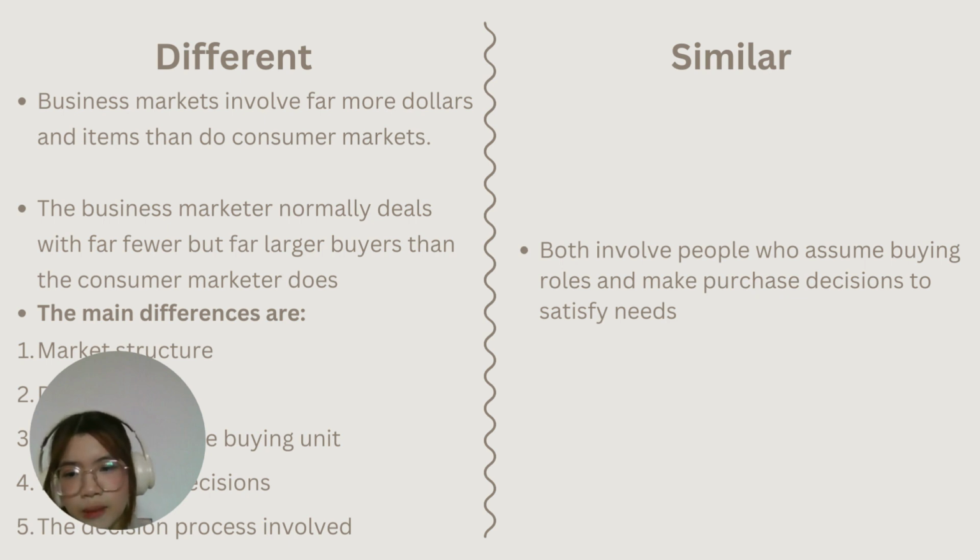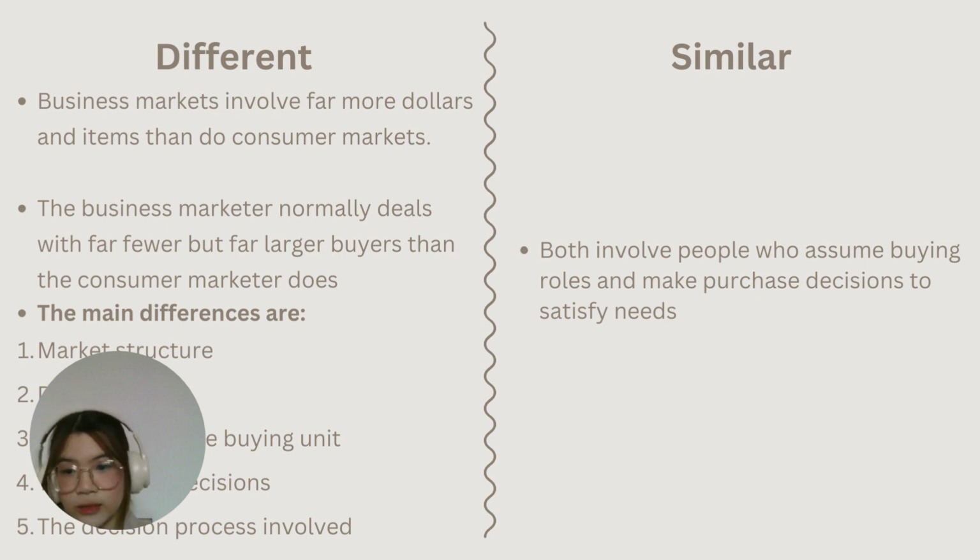You see, the business market involves more dollars and goods than the consumer market, which means a large market and a stable economic source. Business marketers typically deal with a smaller number of buyers but have a much larger customer base than consumer marketers, which means it has great influence and maintains good service quality.